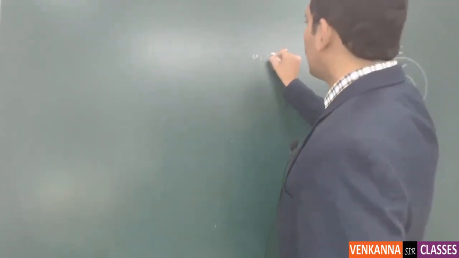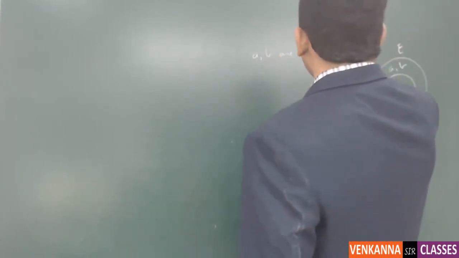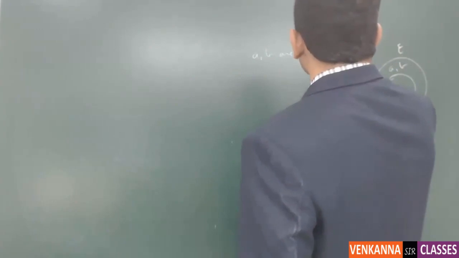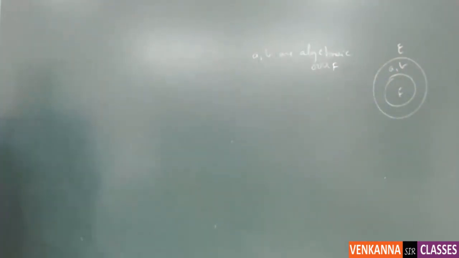Suppose E is an extension of F. Now you take two elements in E, say a comma b, and take that a comma b are algebraic over F. Immediately you can have the respective vector spaces as well as degrees.